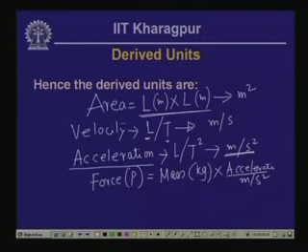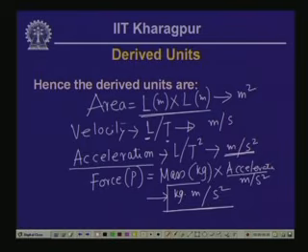So, this gives us the unit kg meter per second square. This unit kg meter per second square we normally designate as Newton, and the abbreviated form of Newton is N. Thereby, when we talk about the unit of force, it is in Newton.